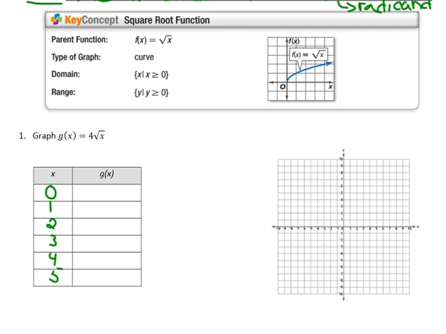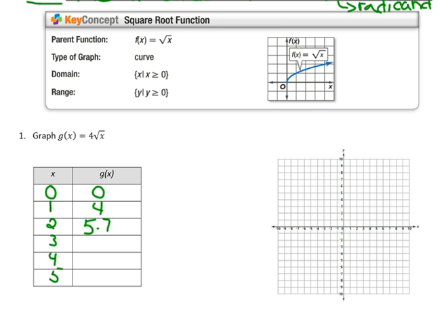The square root of 0 is 0, and 0 times 4 is 0. The square root of 1 is 1, times 4 is 4. The square root of 2, and I'm going to have to approximate this, is 1.4, and if I multiply that by 4, you get about 5.7.